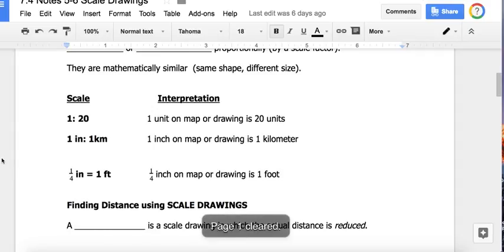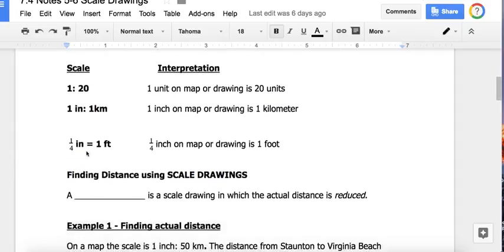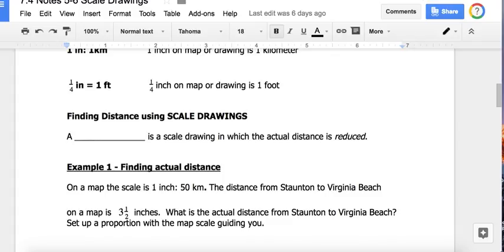So, finding distance using scale drawings. Your note sheet is a little messed up here, so you're going to have to write in "map" here. And I think your blank is missing, so go ahead and draw the line in here.